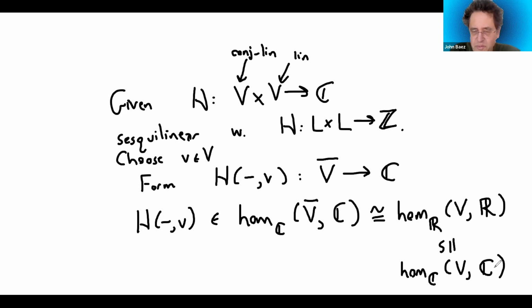To go from one of these, you can take its real part and get one of these, but then there's no way to go back. But that same style of argument also works to establish this isomorphism. If I have a conjugate linear map from V to C, I can take its real part and I'll get a real linear map to R.